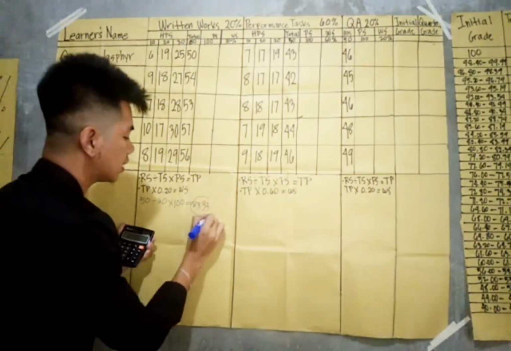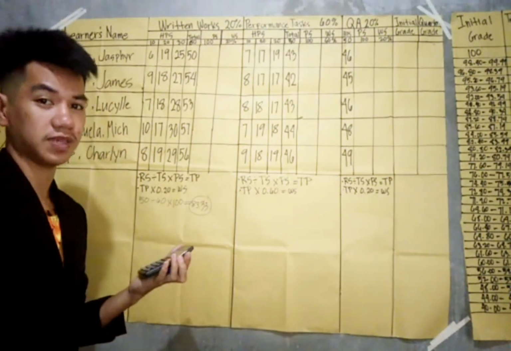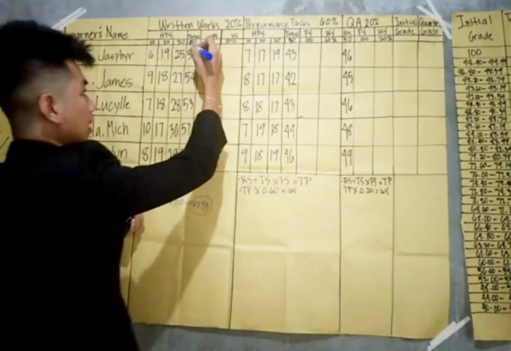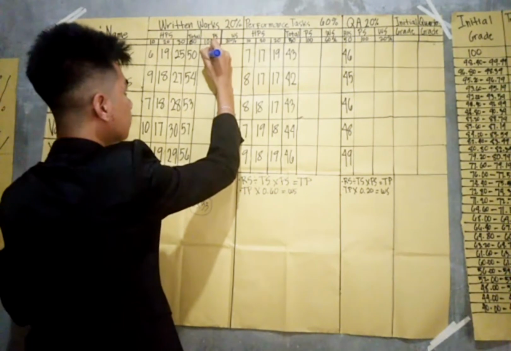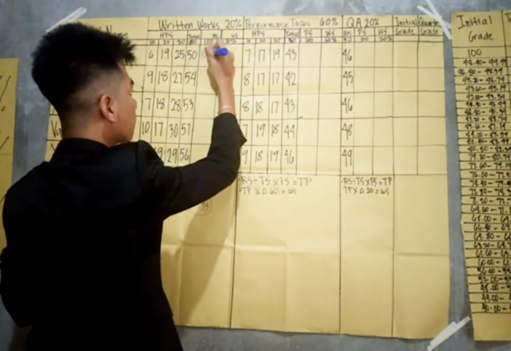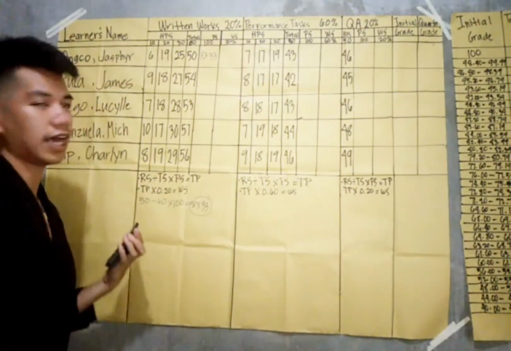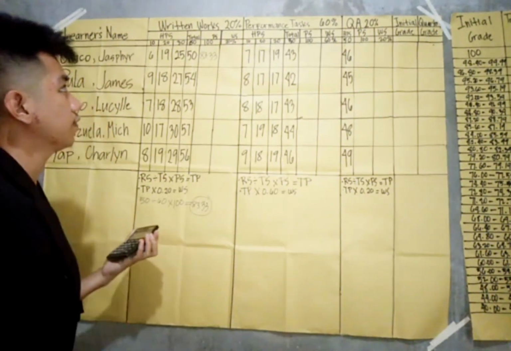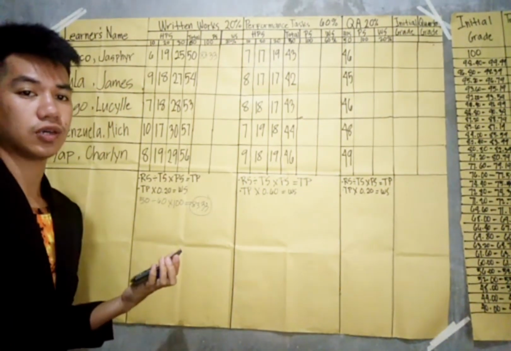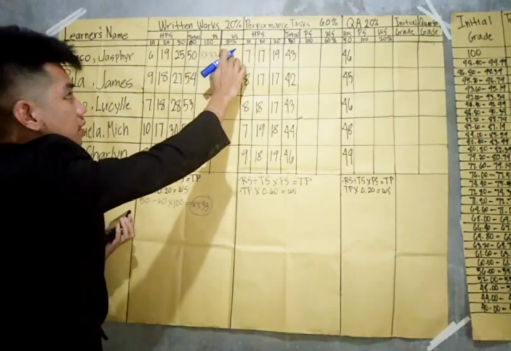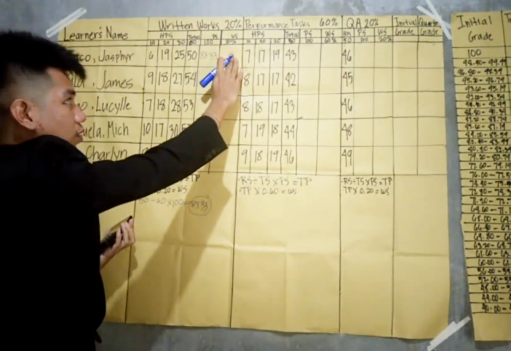So this is the percentage score of Mr. Ungko: 83.33. So now, Mr. Ungko has a percentage score. We will get the weighted score of Mr. Ungko.